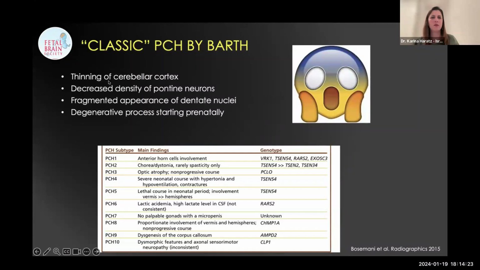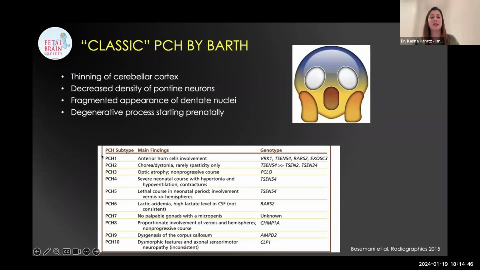Okay, because can we measure the cerebellar cortex using ultrasound? And even by the resolution of the MRI is quite challenging. Can we speak about the density of the pontine neurons? So are we able to diagnose it in pregnancy? We are. And we are going to show you some cases, okay?